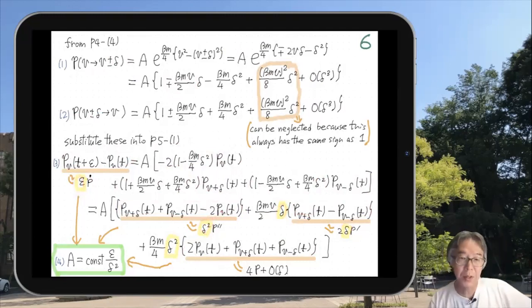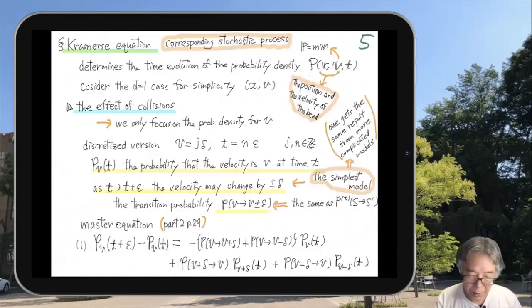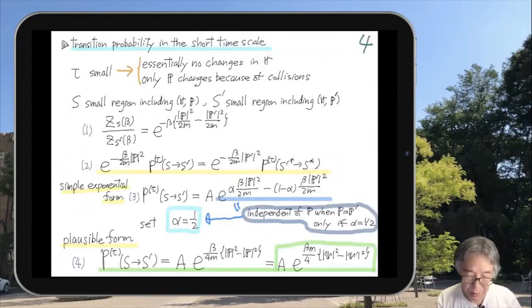So this motivates us to set this constant a like this. Okay. Did I say anything about the constant? Probably I didn't say anything. So of course, here a is a constant, which is independent of p and p prime. Of course, a may depend on many things, tau, s prime, right?